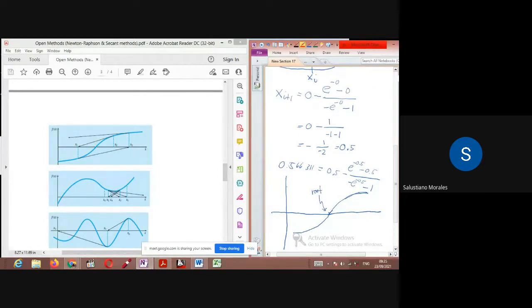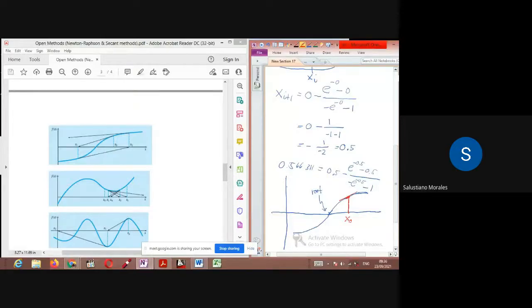So let's illustrate, so gawin ko dito sa drawing ko. So if you consider this one is our initial guess, in the illustration it is x0. So f of x0. So from this point, x0 and f of x0, we will draw a tangent line.